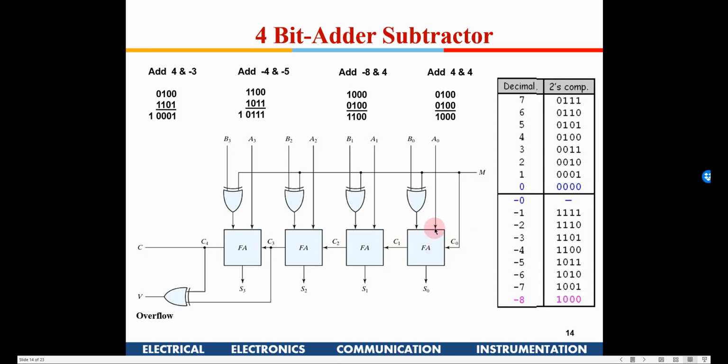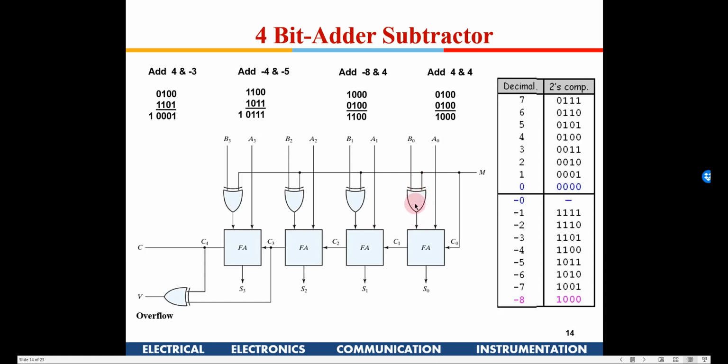Suppose I have to do a subtraction of these two, then I give M equal to 1. This is the control signal which will tell this adder that these two data need to be subtracted, so you need to subtract B from A. The moment I give M equal to 1, what these XOR gates do is, if B0 is 0, then 0 1 will give 1, and if B0 is 1, then 1 1 will give 0.